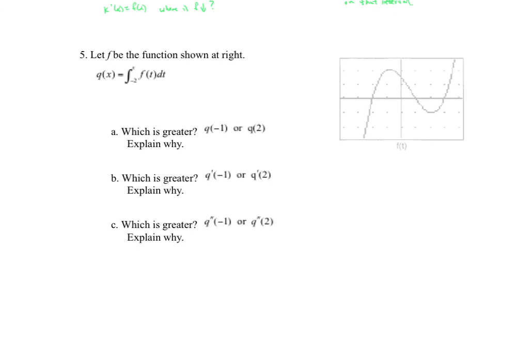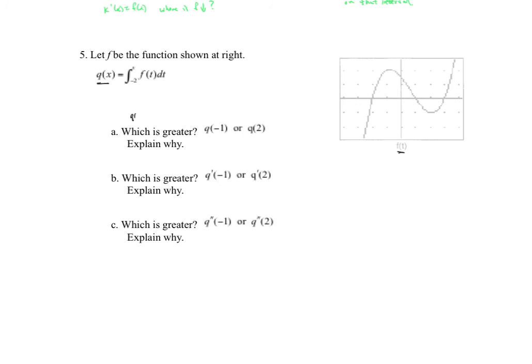Now we've got a new function here. So our function q of x is the integral from -2 of f of x, and we can see f of x shown here to the right. So our first question is, which is greater, q of -1 or q of 2?